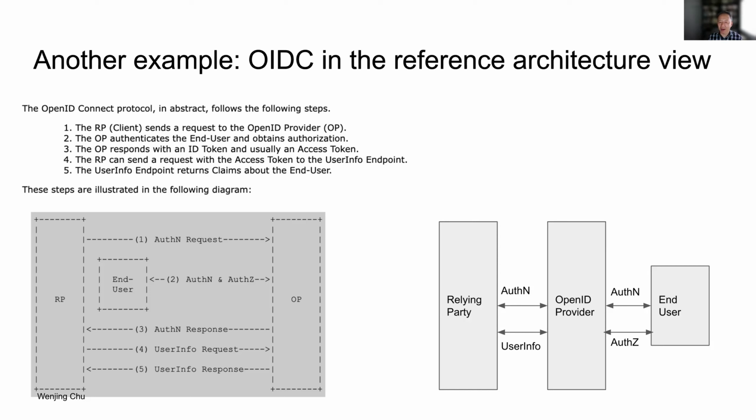And because the relying party and end user are like two strangers, they don't know each other initially, you need some way to bridge that trust. So this is a very good way of also showing the reference architecture. This is another example showing why the reference architecture is so important, because it makes the relationship very clear and easy to understand.